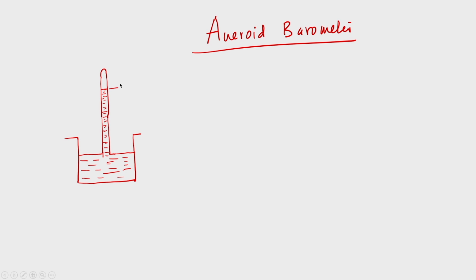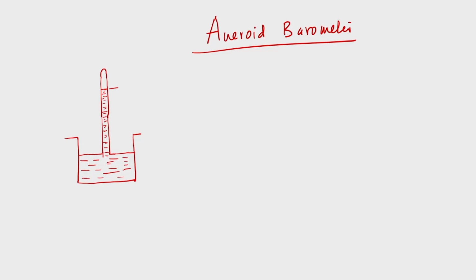So this is the schematic depiction. It is having a vertical sealed arm, and now we will see the dimensions of the sealed arm and what are the other features of this aneroid barometer.